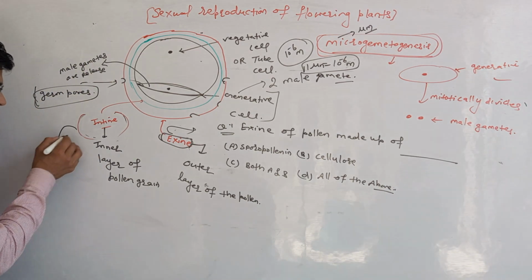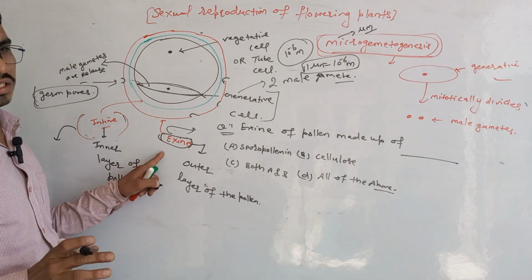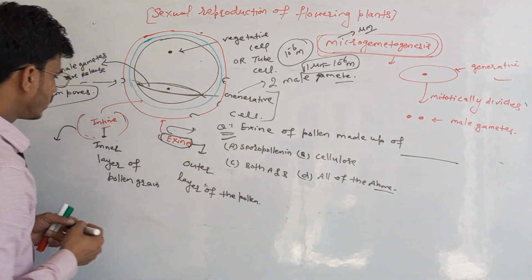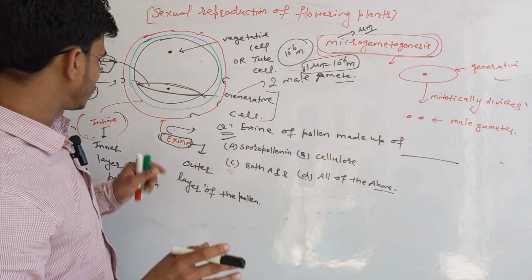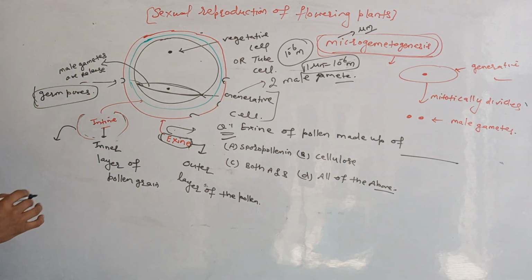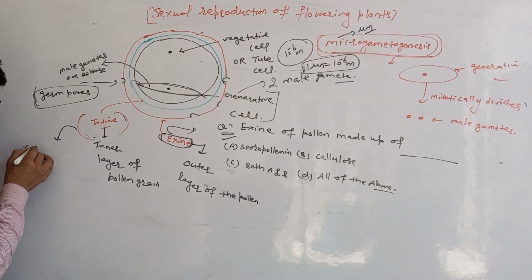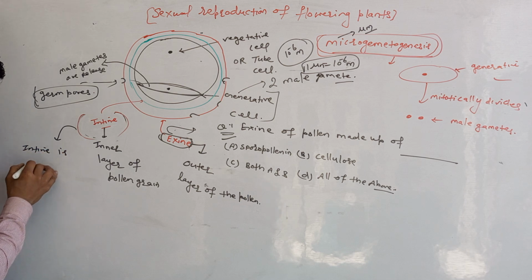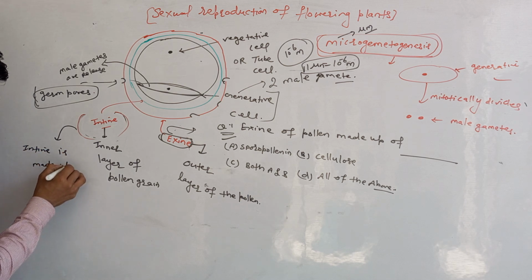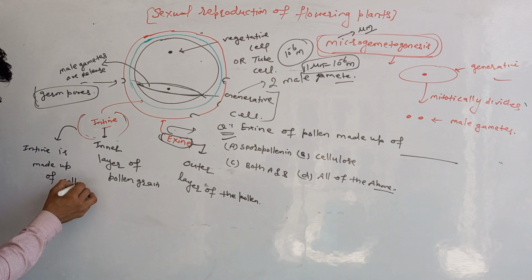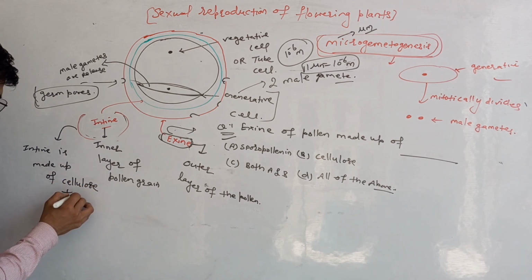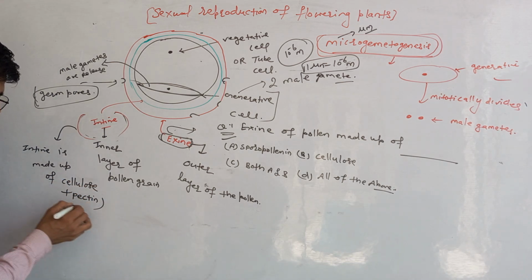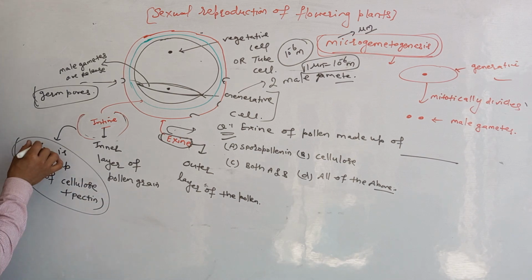For example, we discussed that the exine is made of sporopollenin, but we have not discussed that the intine is made up of dash. The intine is made up of cellulose plus pectin. Sometimes the examiner may put such a question.